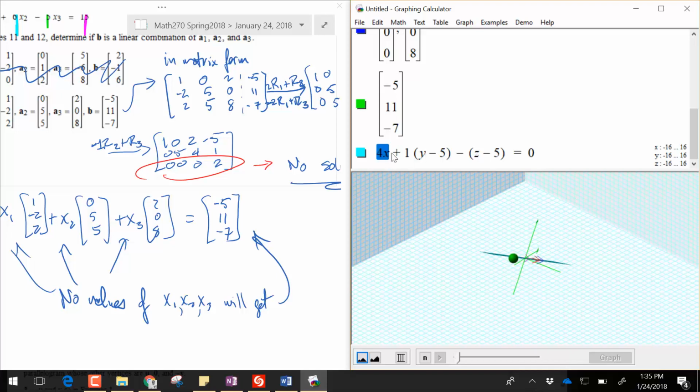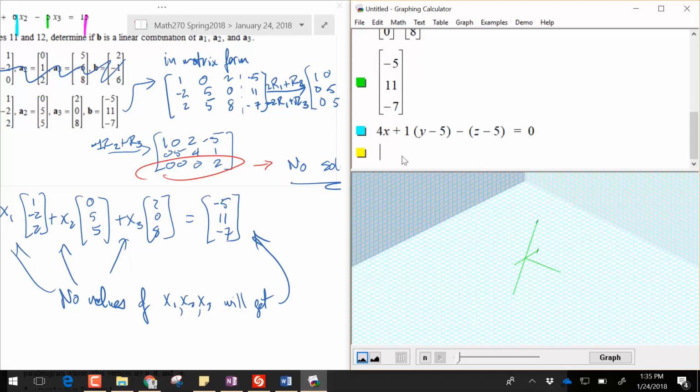Yeah. So you can go ahead and put minus 5 in here, and then put 11 here, and put minus 7 here.